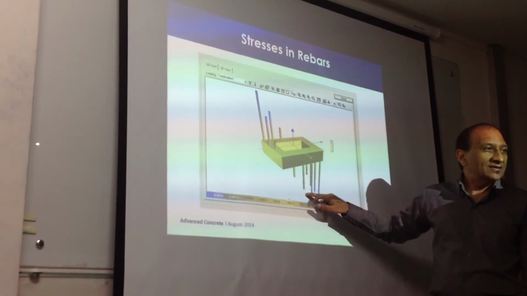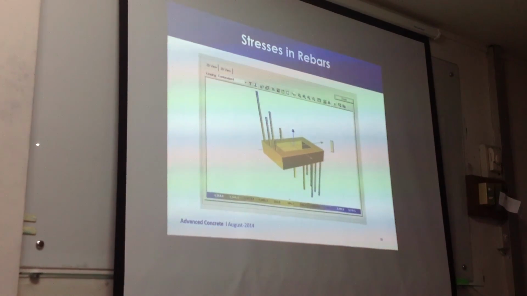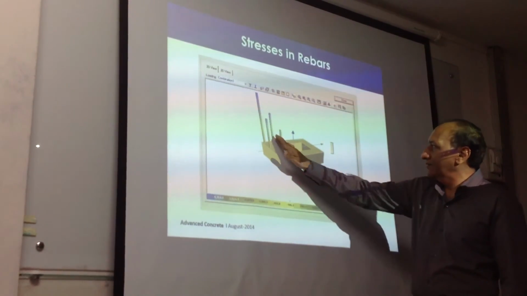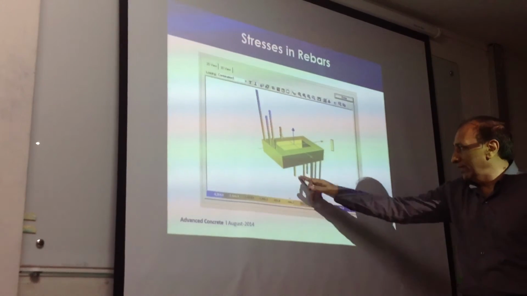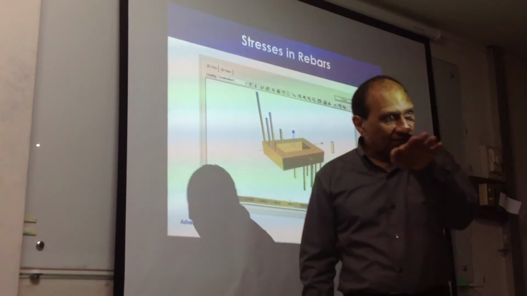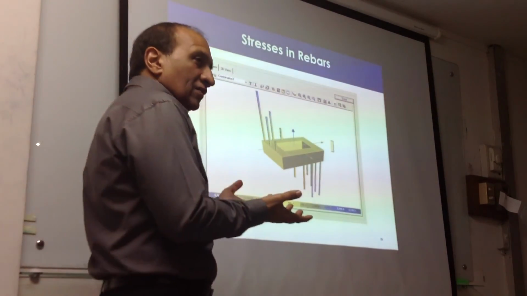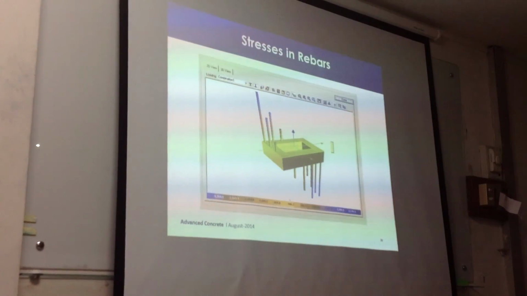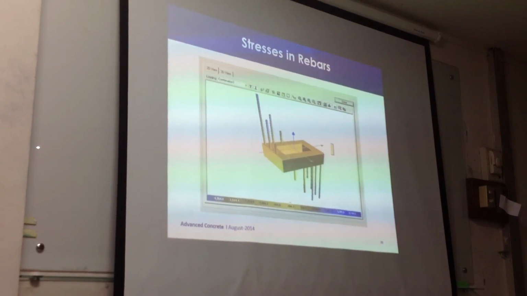If the bars are yielding, then the stress will not change anymore. They will all be the same. So you can see that this way and this way, you can have these stress values in the bars, and after some point they become flat because of the yielding. So now you may imagine that basically it's the stress-strain curve which is governing all of that behavior. And if we know the stress-strain curve, then everything else can just follow from there.